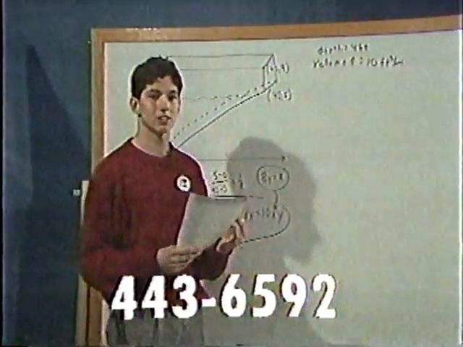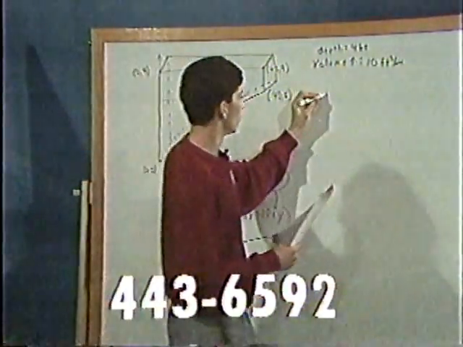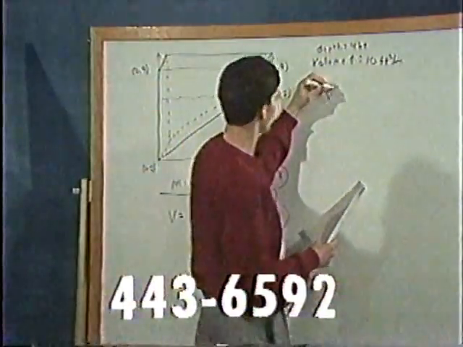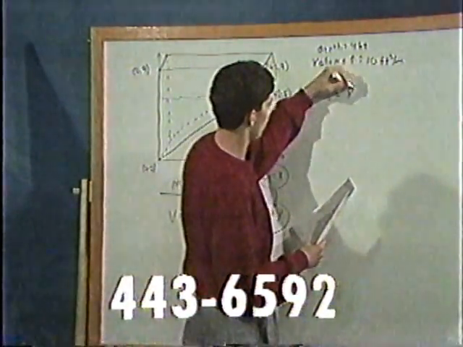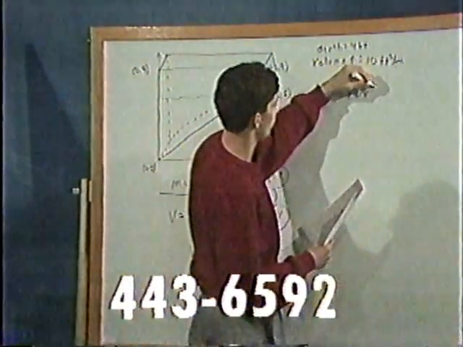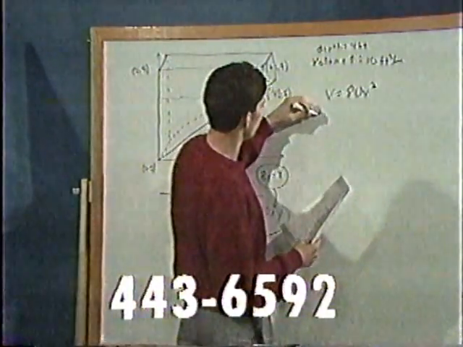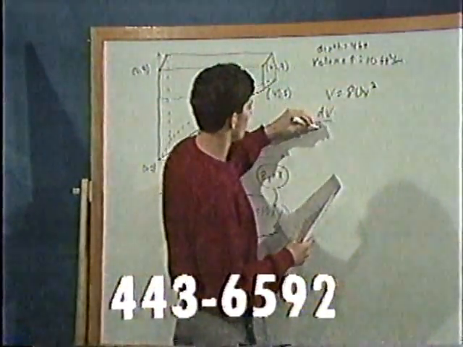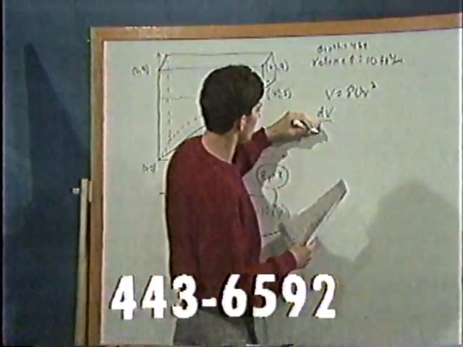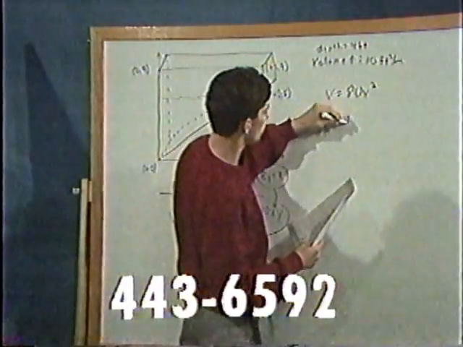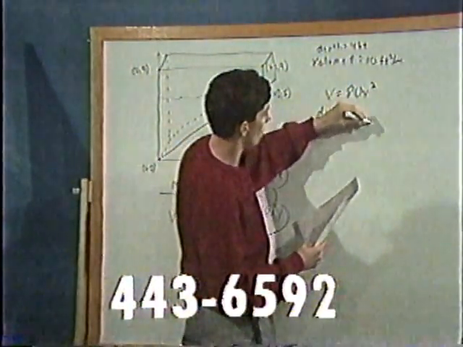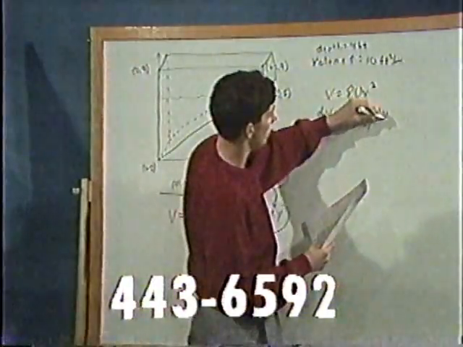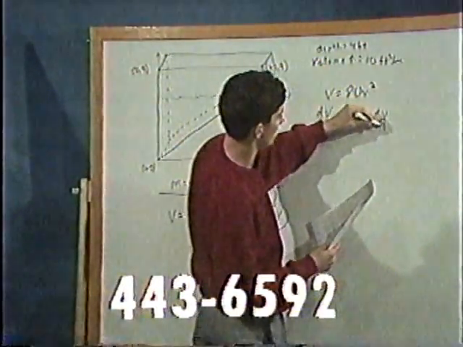Therefore, we shall implicitly differentiate the formula V equals 80y squared. The implicit derivative of this will be dV over dt equals 160 y dy over dt.